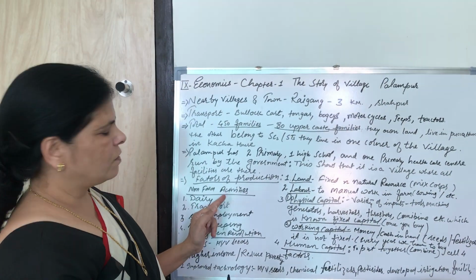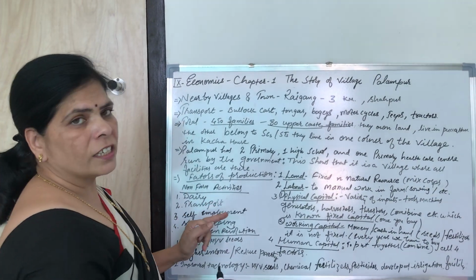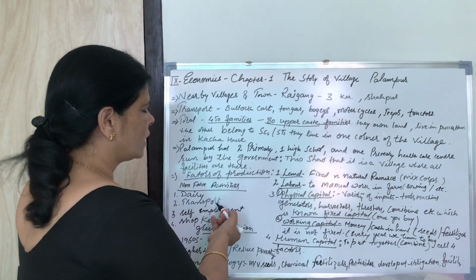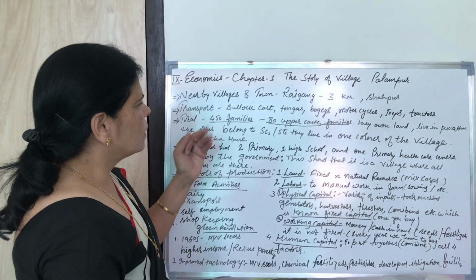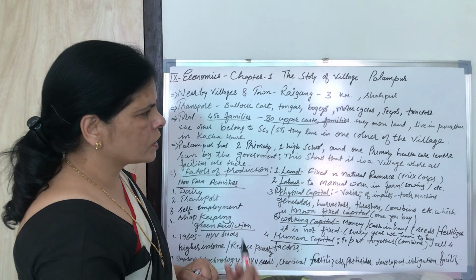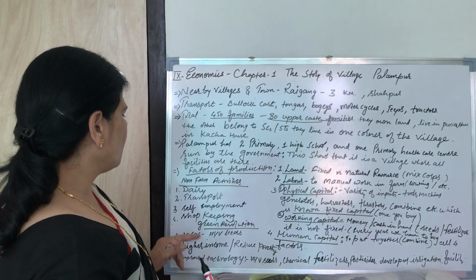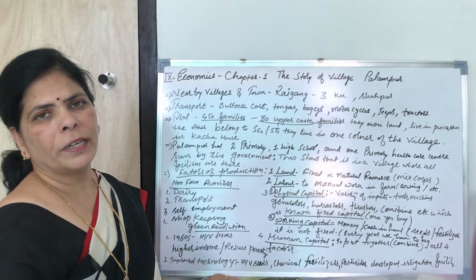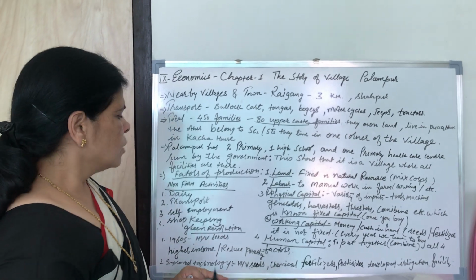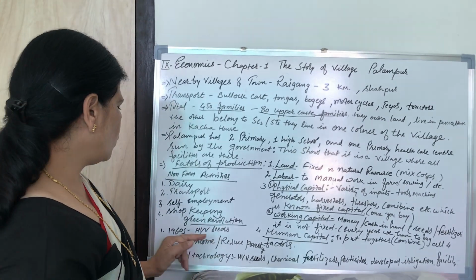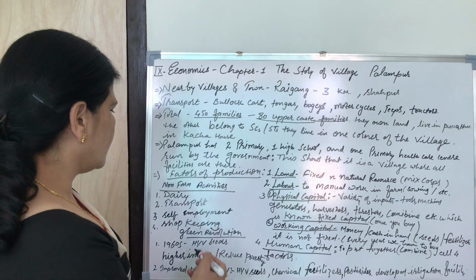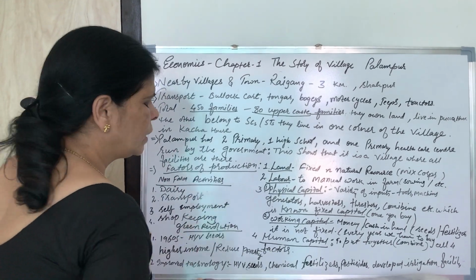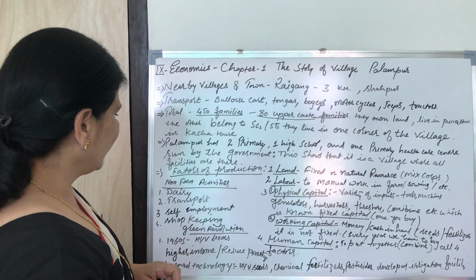For that, they have the dairy and a chilling center also. They have transport facilities like bullock cart, tongas, bogies, motorcycle, jeeps, tractors. Similarly, in self-employment, they have a computer center, small scale industries, and shopkeeping. So they were all engaged in these.